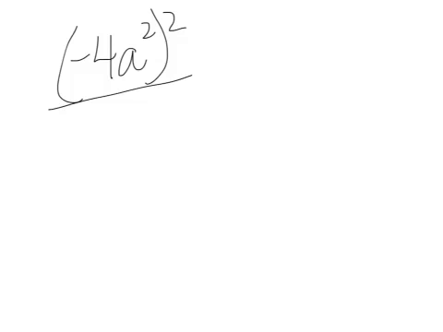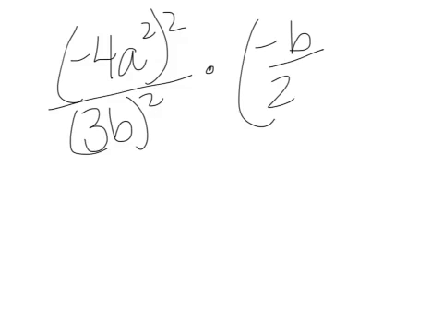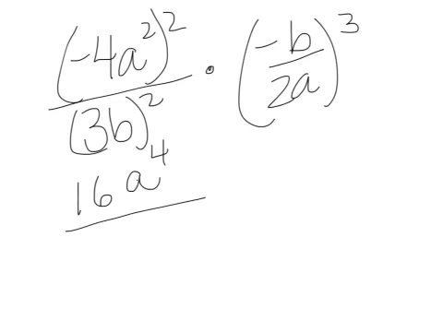Our last example. Negative 4a squared, squared, over 3b squared times a negative b over 2a all cubed. A negative 4 squared is 16. A power to a power we multiply. 3 squared is 9. Then it'll be b squared.